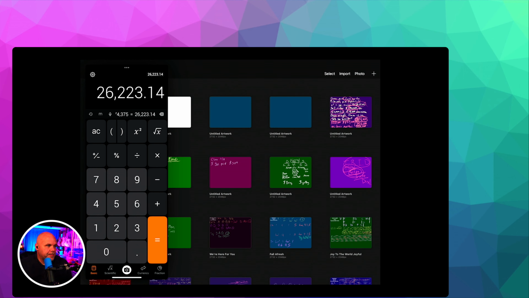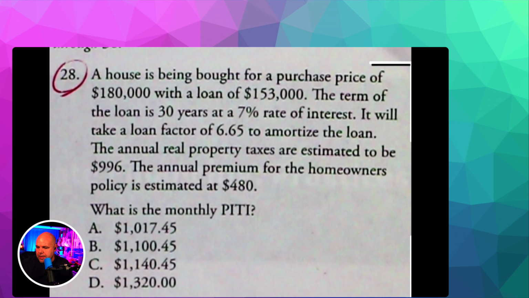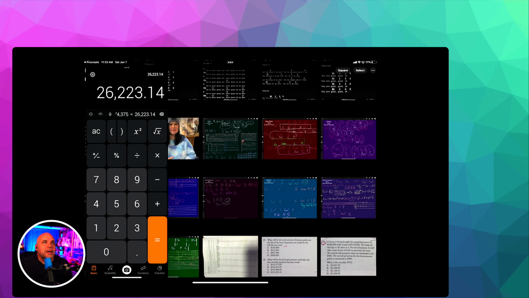Just the loan amount itself. Okay, 1 second. Let me pull this over so I can share it with you. So you got your monthly P and I. Here we are. Good.